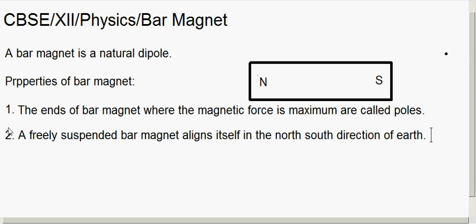The pole which is towards the north direction of the Earth is called the north pole, and the pole that points towards the south of the Earth is called the south pole. This is how we actually name them. You have to freely suspend a bar magnet and check which side points towards which direction.